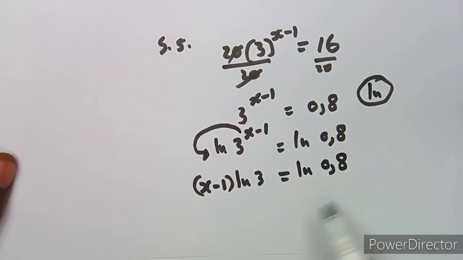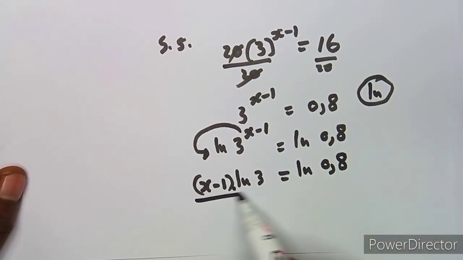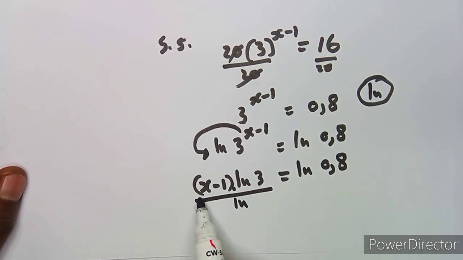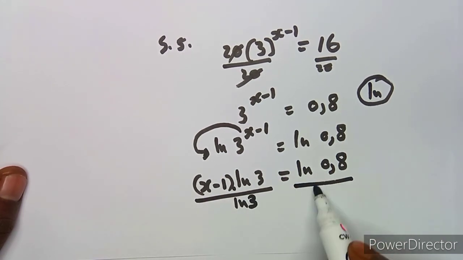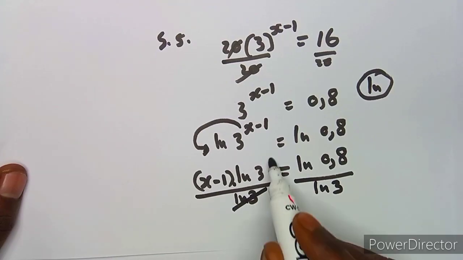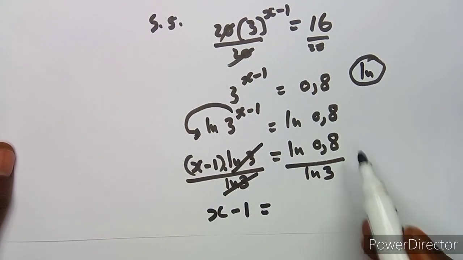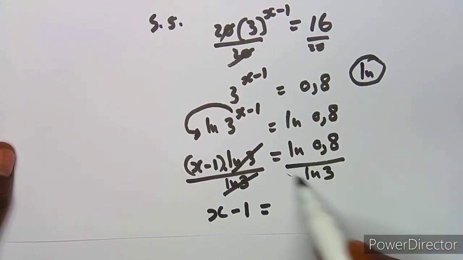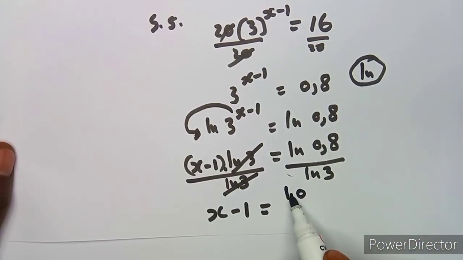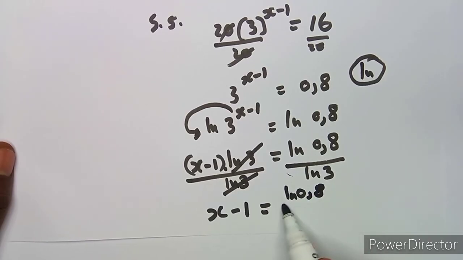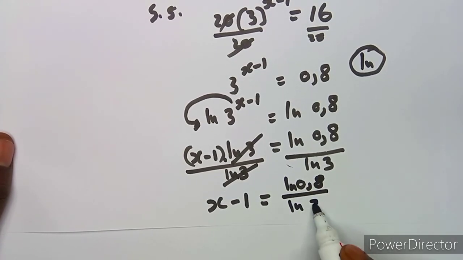So this is now multiplying, so you can divide by it both sides, so this can actually cancel. So you are left with x minus 1, which is equal to ln 0.8 over ln 3.